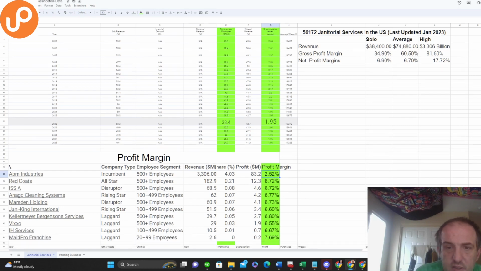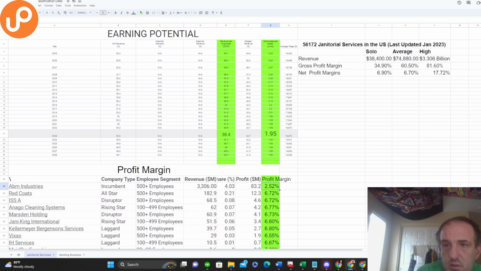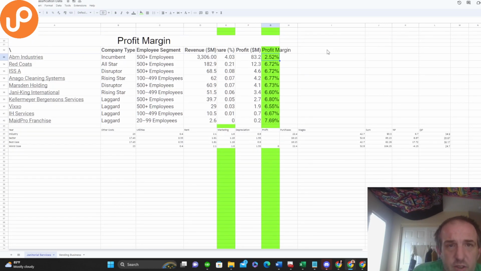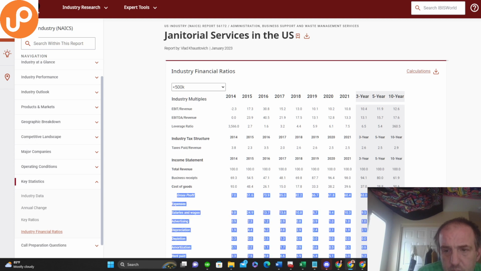And you can see here, none of these are very far off of what the average is, 6.7 to 6.9. So there's just a few places you have to check. And then there's one more place you have to check. And this is where you can find the gross profit, which is right here.